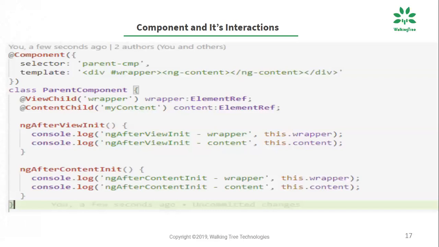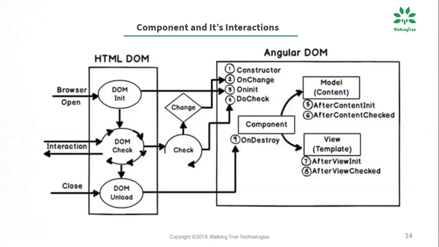Whatever appears as the template, we call the view child. So if we go to our structure, whenever a do check happens, the next lifecycle hook is after content init.